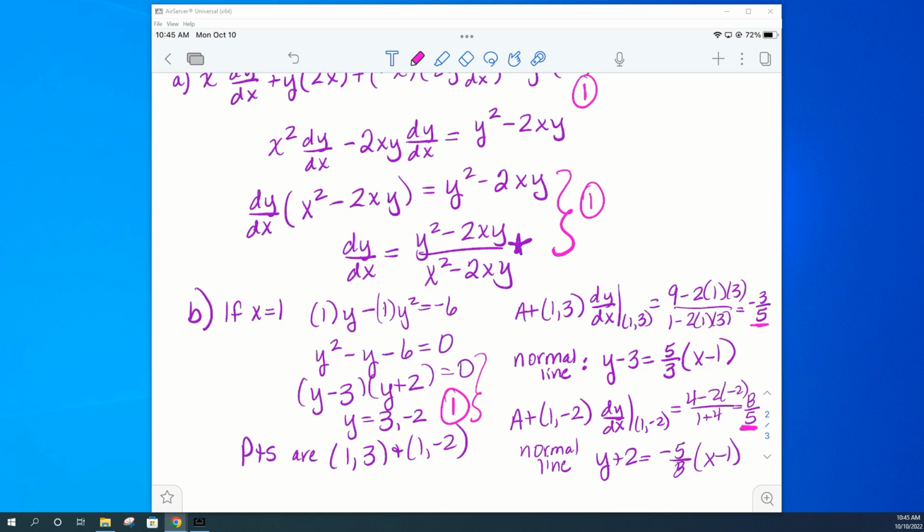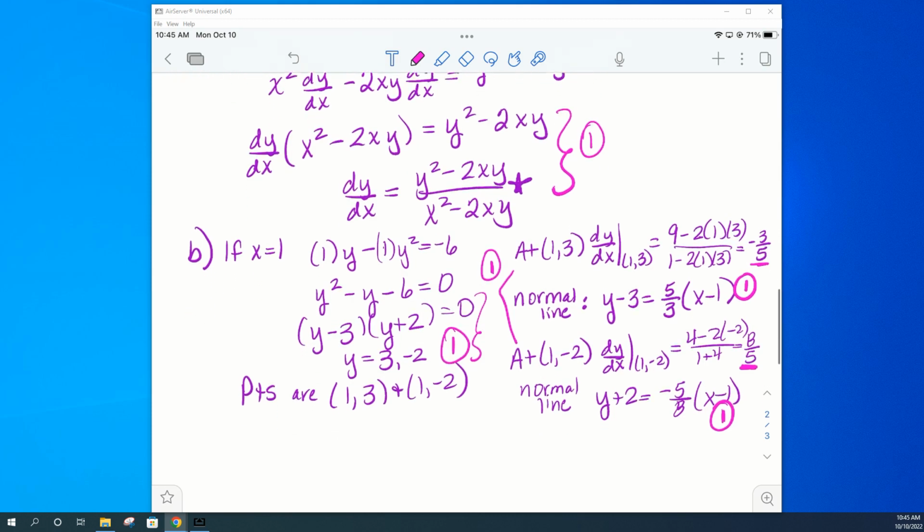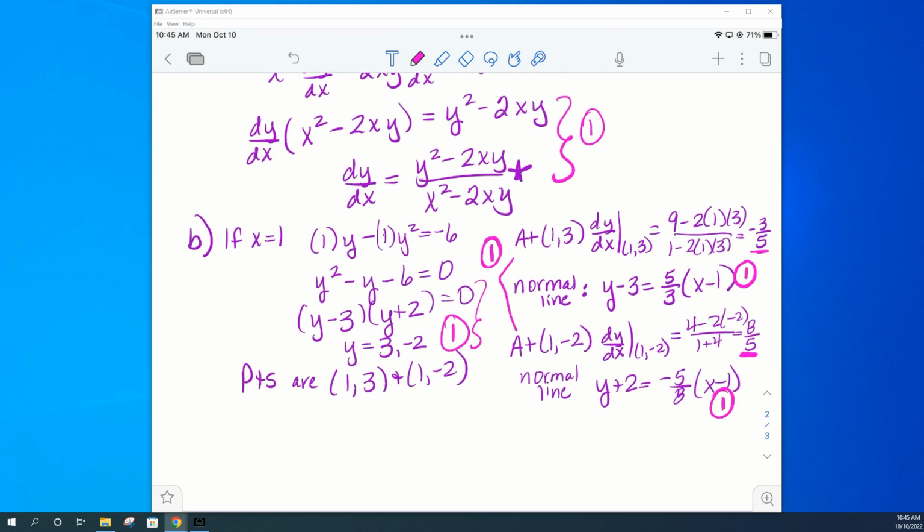And then did you get the tangent lines? So you had to get both. So these slopes were worth 1, and then the normal line, this one was worth 1, and this one was also worth 1. But this 1 point was for getting the correct slopes of the tangent lines.